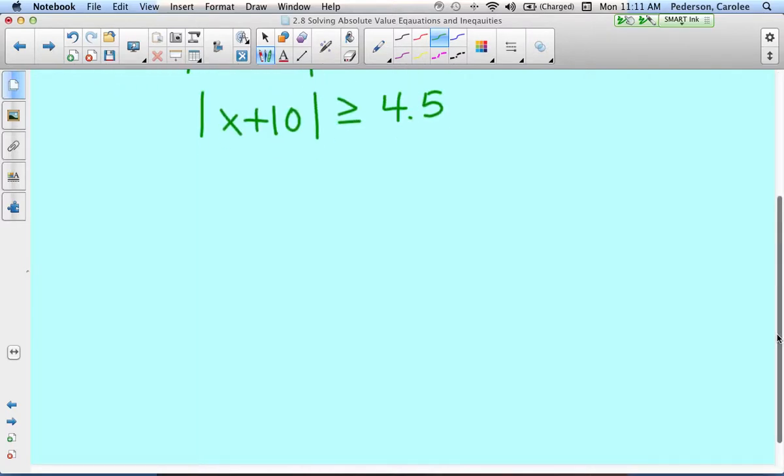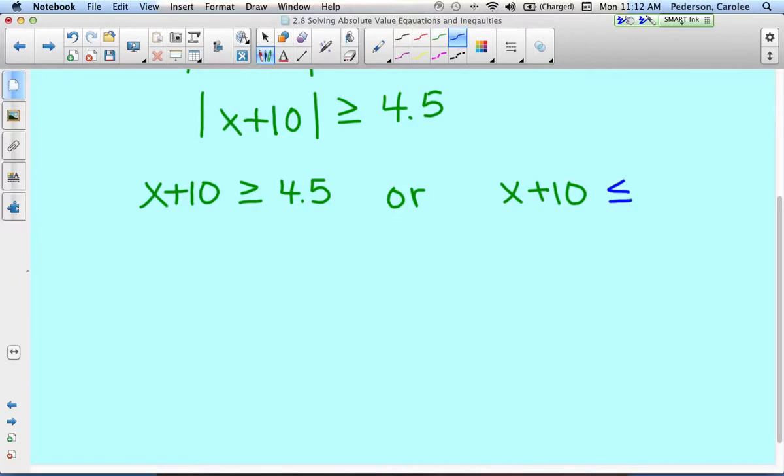So it would be x plus 10 is greater than or equal to 4.5, or, that's our key part, x plus 10, and now we're going to flip the inequality and change the sign. And then we would solve those both for x and graph them on a number line.